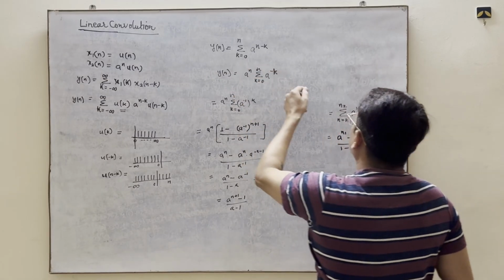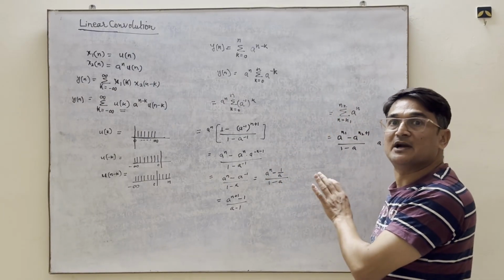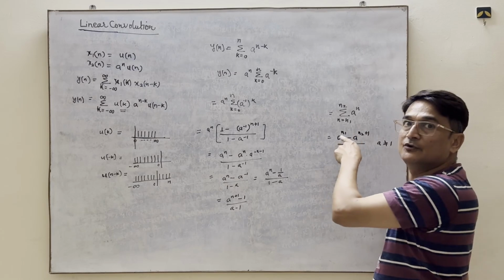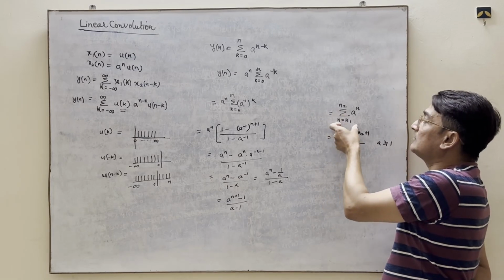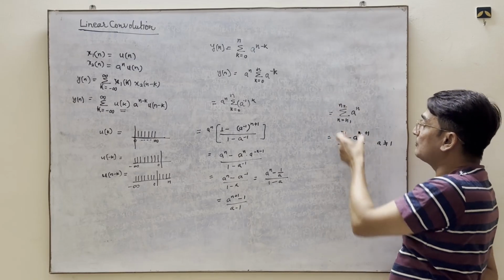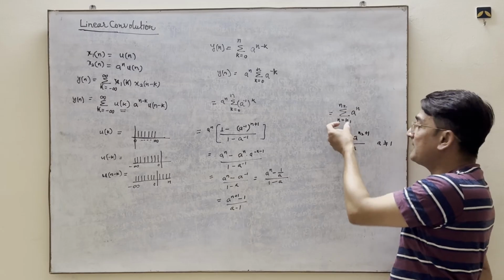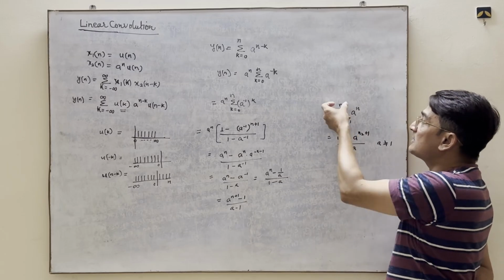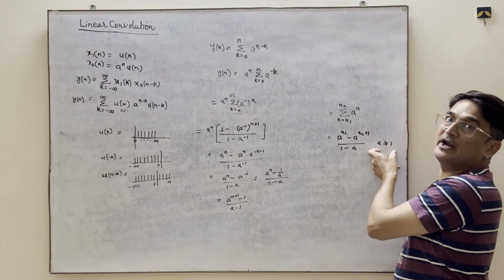So now this is a geometrical progression, GP series. In mathematics you know the solution for this. If it is in the form of summation n equals n1 to n2 of a to the power n, the solution for this is a to the power n1, that means the lower limit, minus a to the power n2 plus 1, which is the upper limit, upon 1 minus a, where a is not equal to 1.